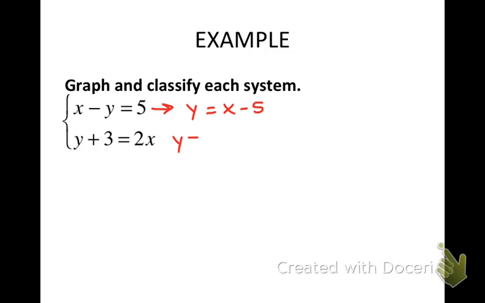Here we get y equals 2x minus 3. So it's independent? Yeah, is anything the same? Nope. So it's independent, which means how many solutions would there be? Uno. Uno, good. One solution. They would intersect someplace. If we graphed it, I'm sure we could find it.